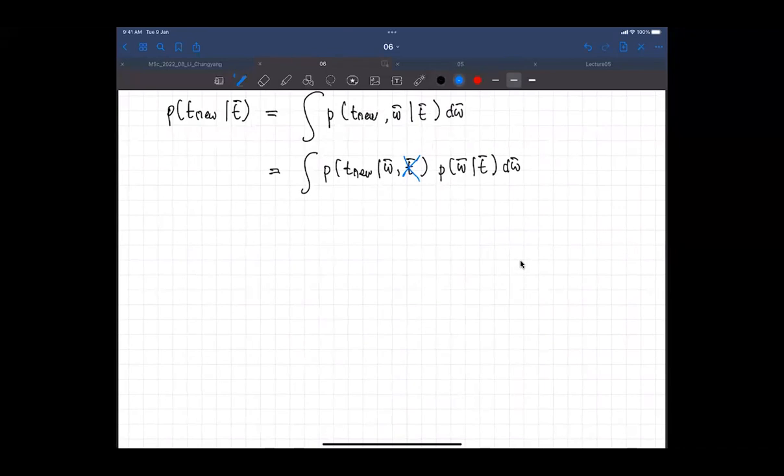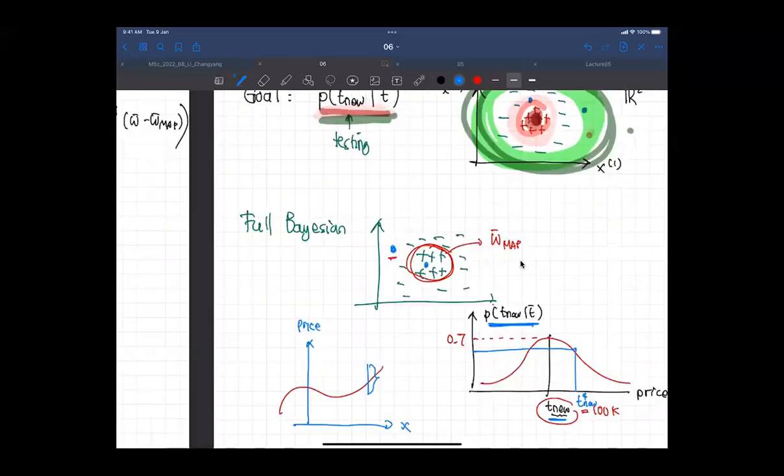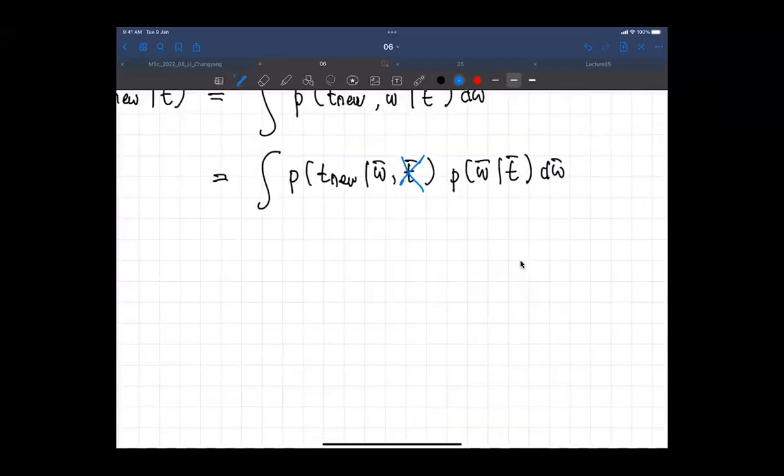Why can we remove T bar? If you know W, you can already decide whether it's positive or negative. So you don't need all the samples, the positive and negative, anymore. That's why we say that T new is independent from T bar given W. So the equation becomes P of T new given W, times P of W bar given T bar.